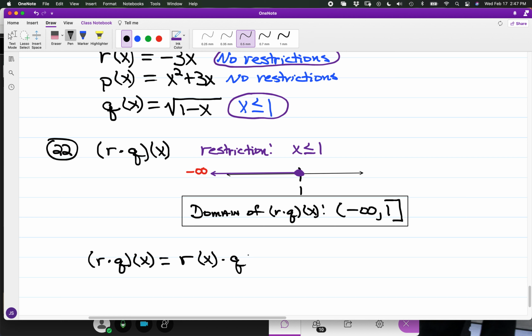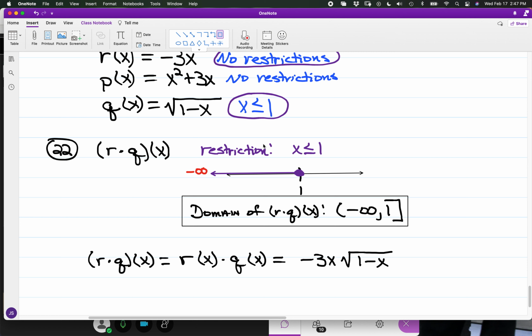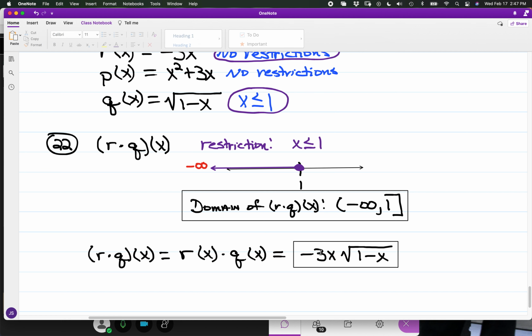So you have r of x times q of x, and the product is negative 3x times the square root of 1 minus x. Those are going to be locked in together, because you can't just distribute negative 3x over the square root of 1 minus x. So that would be the resulting product function expressed fully: negative 3x times the square root of 1 minus x.